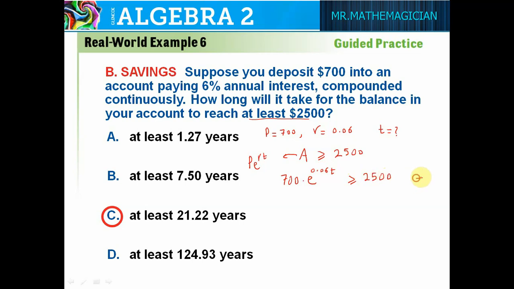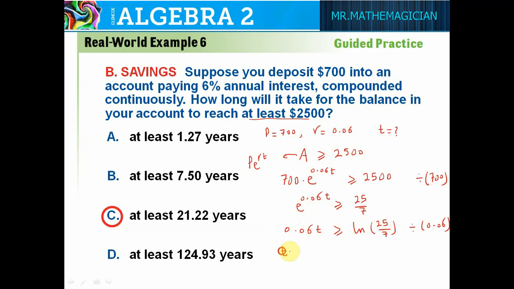2500. Let's divide both sides by 700. This will give you e to the power of 0.06t is greater than or equal to 25/7. Now let's take ln for both sides. We know that ln will cancel the e, so it will be 0.06t is greater than or equal to ln 25/7. Now let's divide both sides by 0.06.